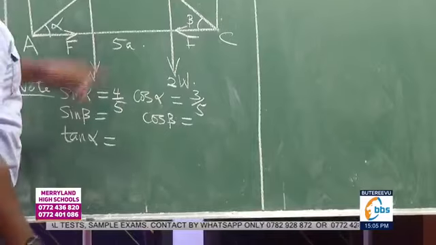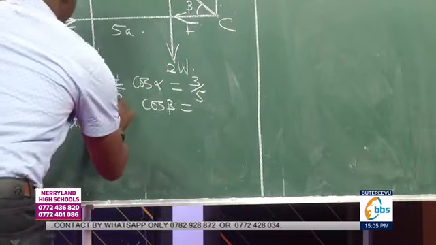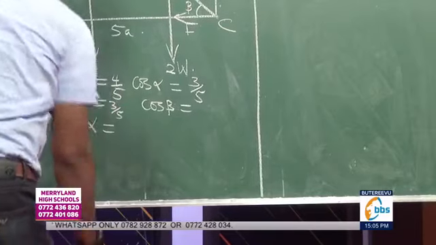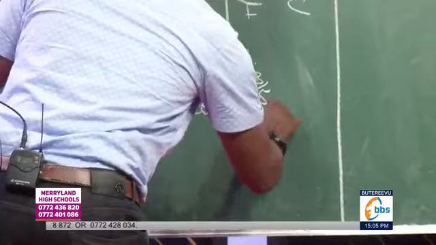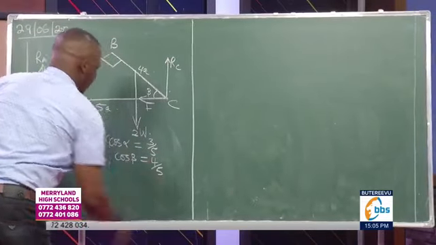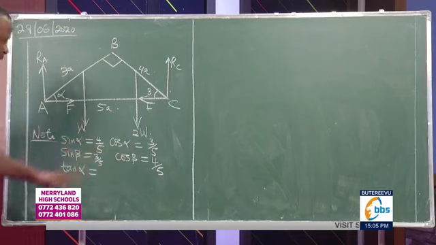And sine beta, this is beta, the opposite side is this, so this would be 3 over 5. And cos beta is definitely going to be 4 over 5. In other words, the sine of alpha is equal to the cos of beta, and the cos of alpha is equal to the sine of beta.